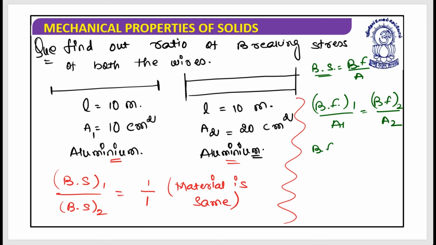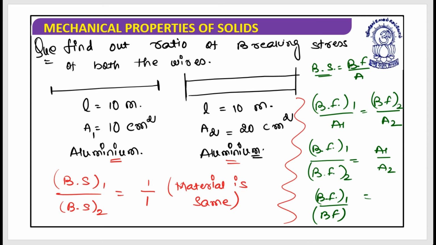So breaking force of 1 divided by breaking force of 2 should be equal to area of 1 divided by area of 2. This is 10 centimeter square over 20. Both are a ratio and having same dimension, so no need to convert it. It's 10 by 20, which is equal to 1 is to 2.